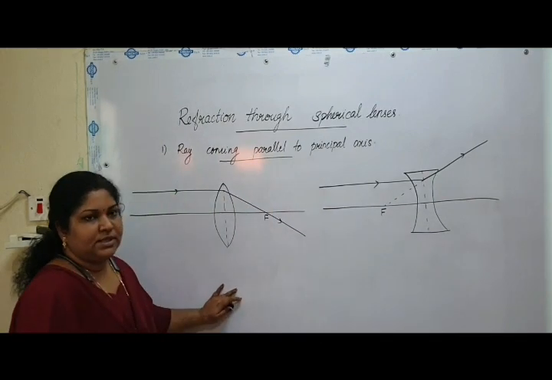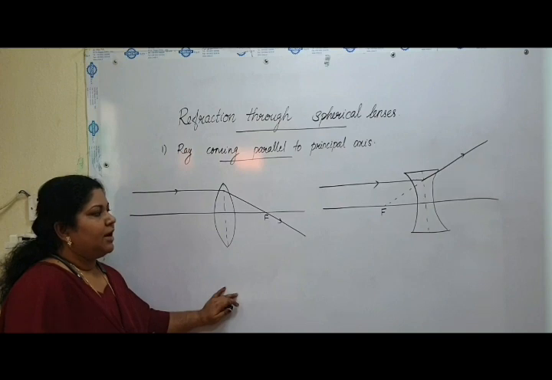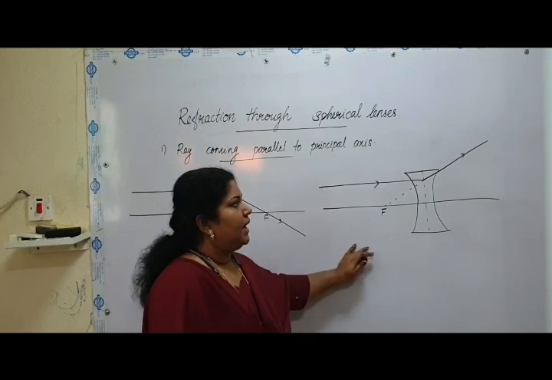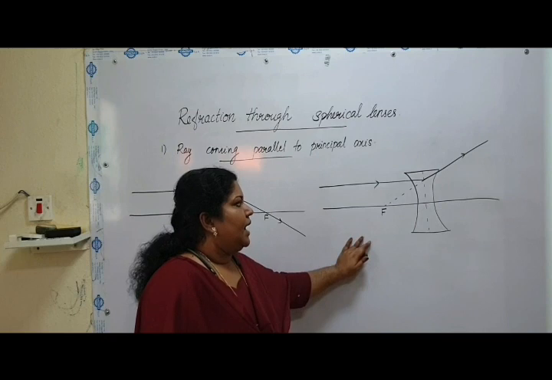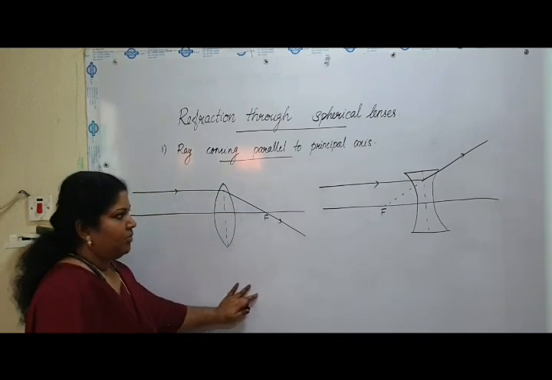So this is the first type of ray, the ray which is coming parallel. After refraction it will pass through the focus. And here in the case of concave lens, a ray which is coming parallel diverges after refraction and it appears to come from the focus. So that is the first type of ray.